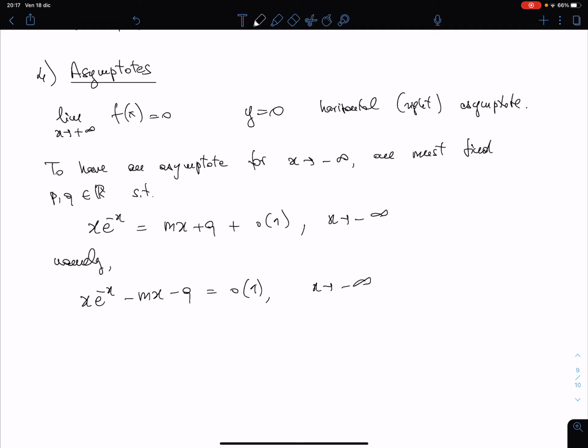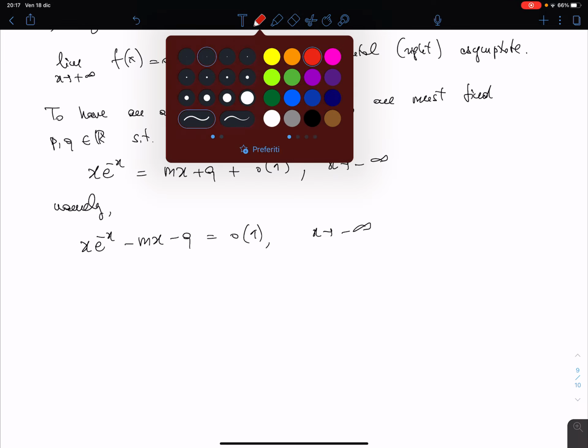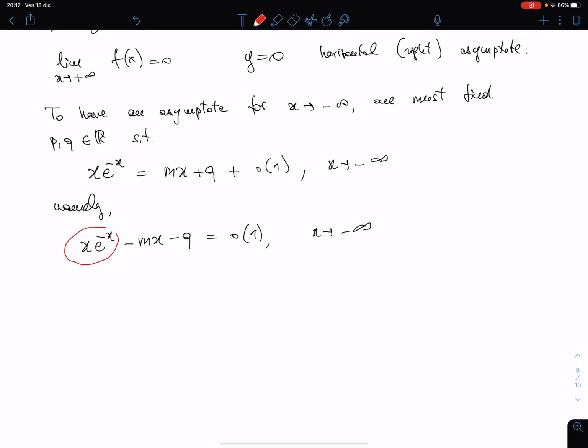But you see that since here we have an exponential which is much faster than any possible line, it will dominate everything. But let us study it again slowly and pedantically. Here you have x, and here you have e to the minus x minus m, minus q.